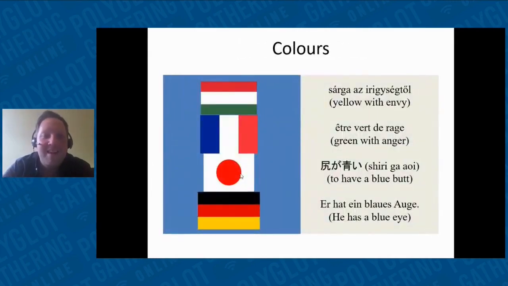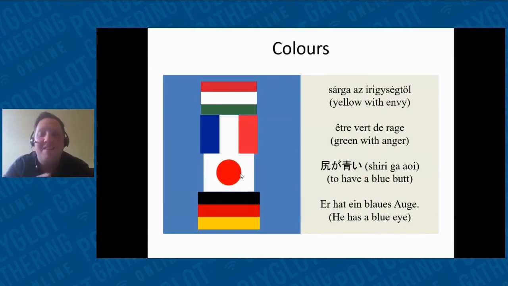I'm not sure why. And I think one of the most interesting differences is about colors. For example, I find it interesting that in English we would say green with envy, but in Hungarian they would say yellow with envy. In English we're red with anger, but in French you're green with anger. The next one, the Japanese one, I think is interesting.